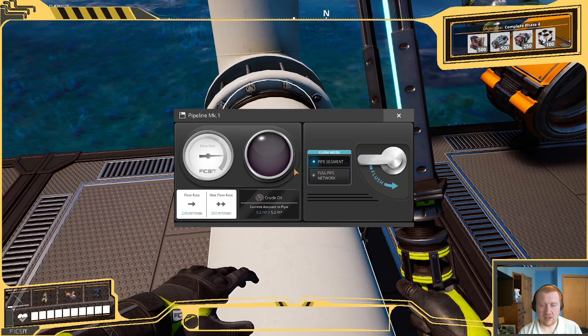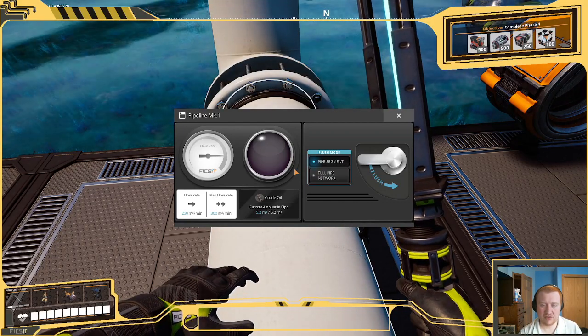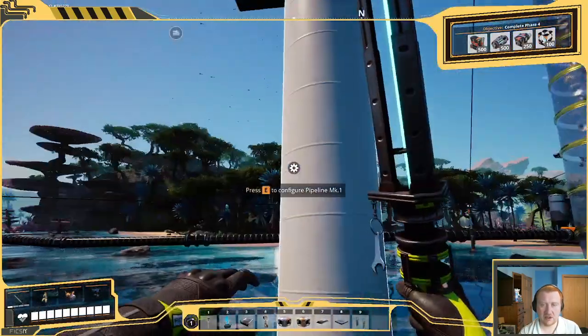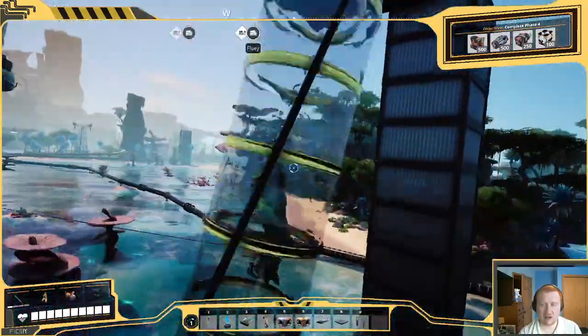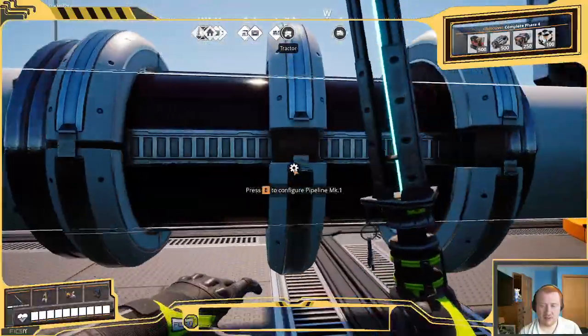Yeah, so the net speed should be around 250 minus some fluctuations in the pipe system, because the flow rate's not going to be ideal regardless of what system you have set up here.